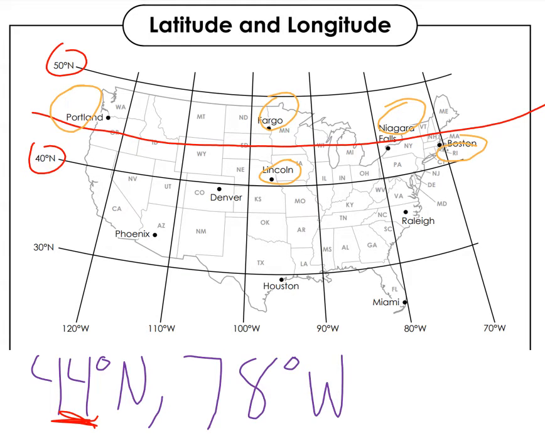Okay, and so we're looking there, and then we have to figure out 78 degrees west. All right, here's 70, here's 80, so it must be pretty close to 80. All right, so I'm going to go up. 78 degrees west, looks like they cross right about here, which is definitely closest to Niagara Falls.